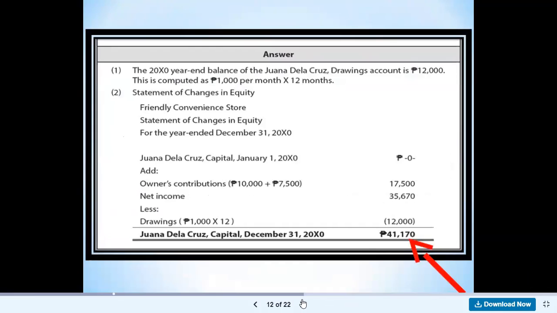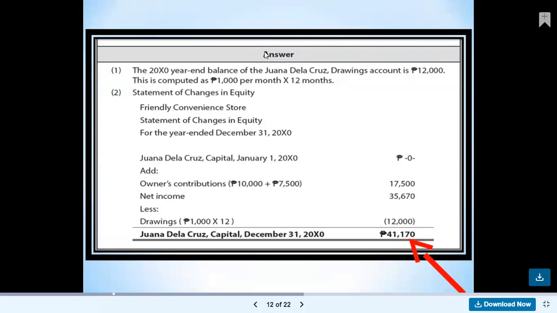The answer in requirement number 1, the 2000 year-end balance of Joanna de la Cruz's drawings, is 12,000. Why is it 12,000? It's computed as 1,000 per month times 12 months.